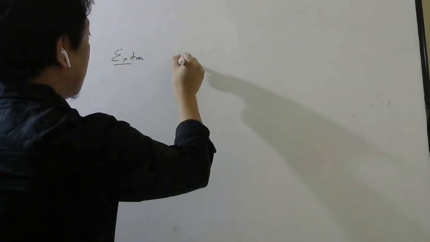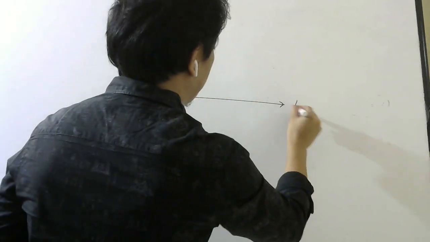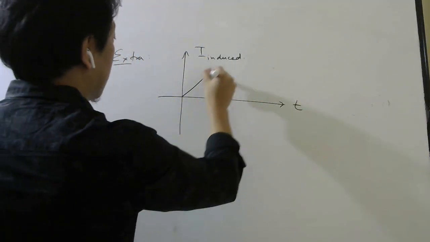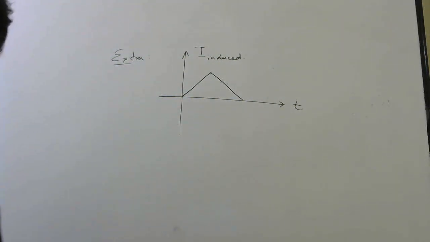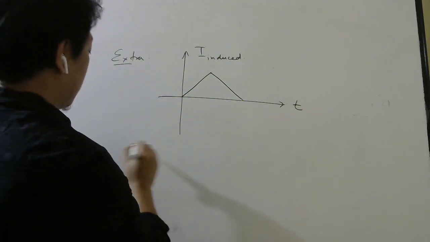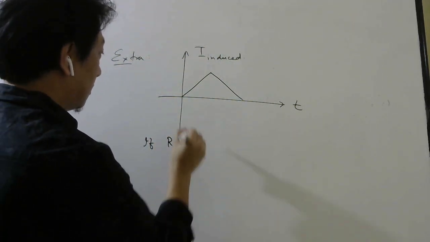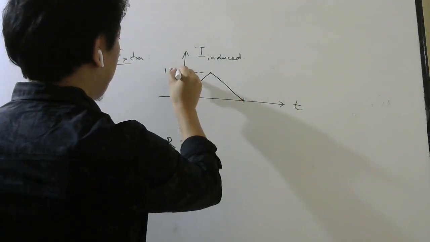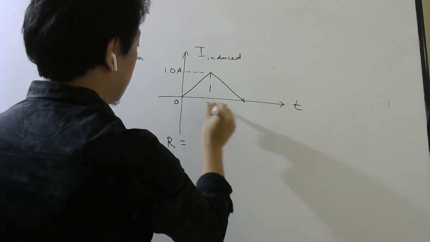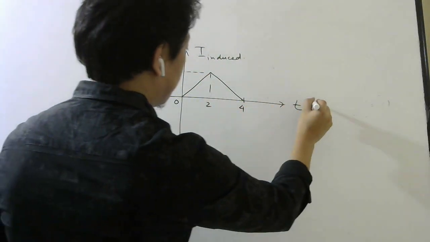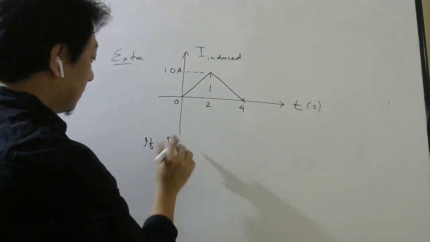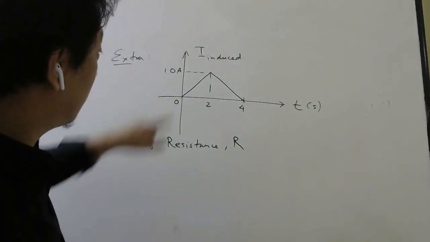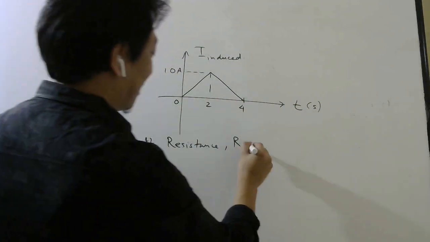So look here. Suppose they say this is current and this is time. This is induced current, okay? And the graph looks like this. And they are asking you to calculate, if this is let's say 10 ampere, this is 0, 2 seconds, 4 seconds, and the resistance of the circuit in which this induced current is flowing is let's say 10 ohm.